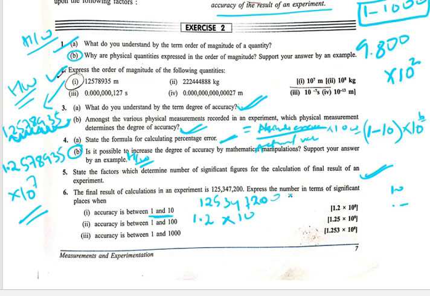So 1, 2, 3, 4, 5, 6, 7 and 8. So 1.2 into 10 to the power 8. Similarly, if you write between 1 and 100, 100 means after the decimal we have to put two digits. So it will be 1.25 into 10 to the power 8.